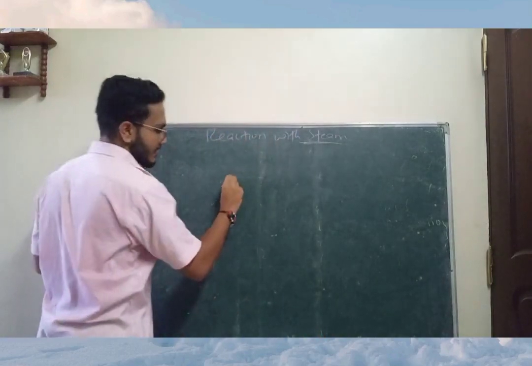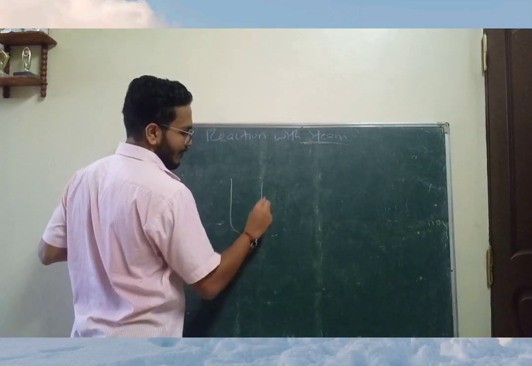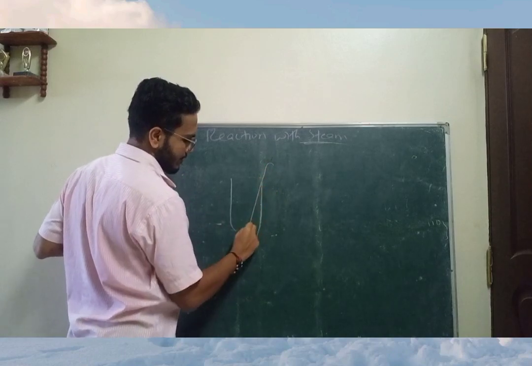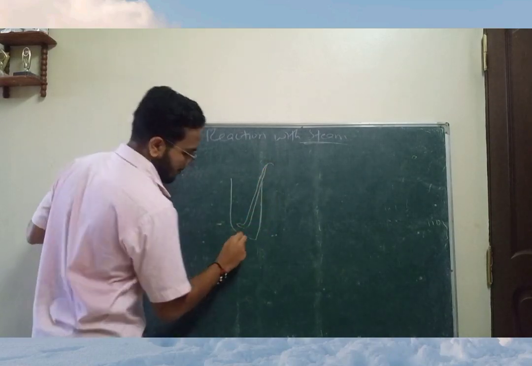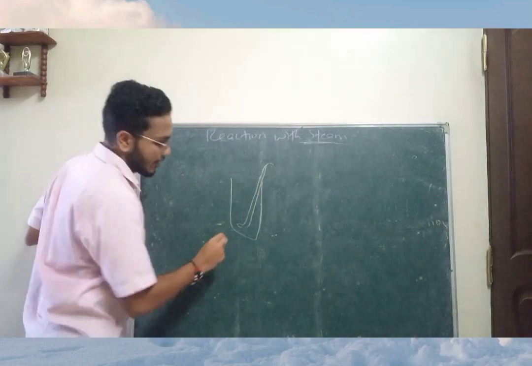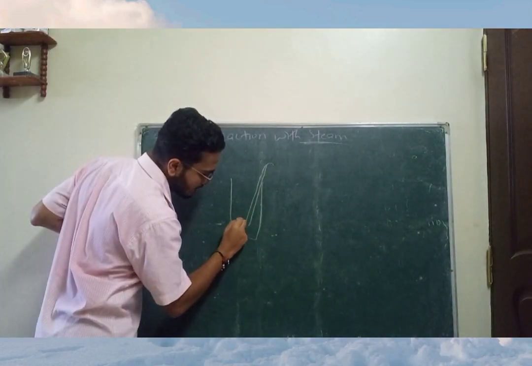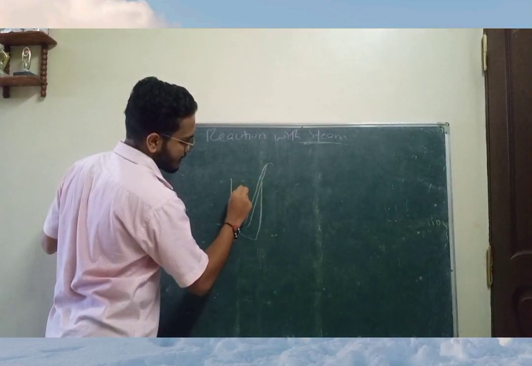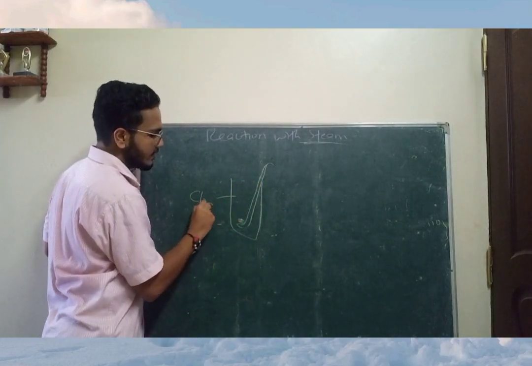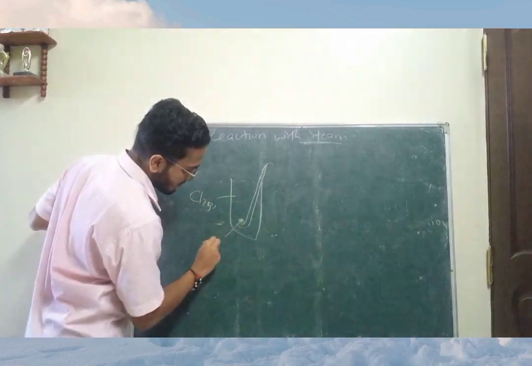When there is a gas jar of chlorine and a spatula, we can have a piece of sodium metal here. This is sodium metal and this is chlorine gas.